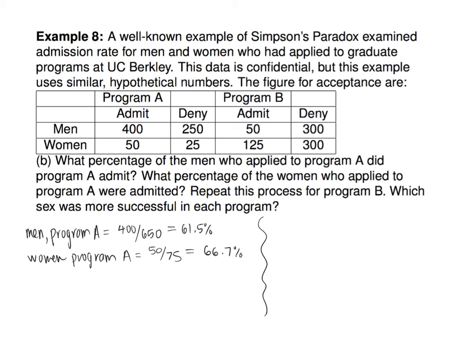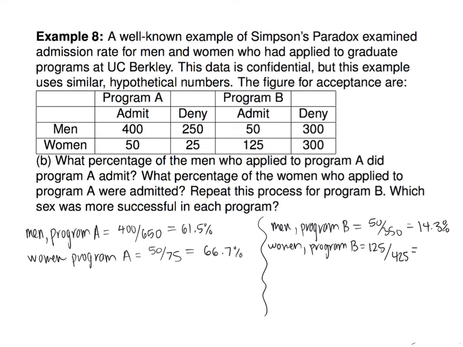Okay, Program B. So men, Program B: 50 were admitted out of the 350 total. So that's just 14.3%. And the women, Program B: there were 125 admitted out of 425 applicants, which is 29.4%.